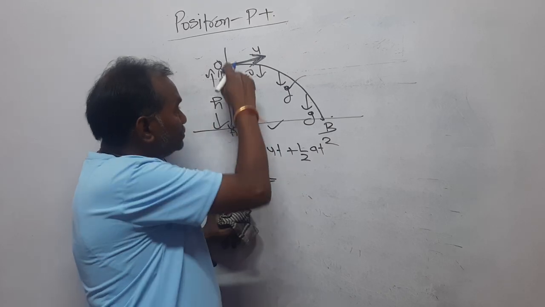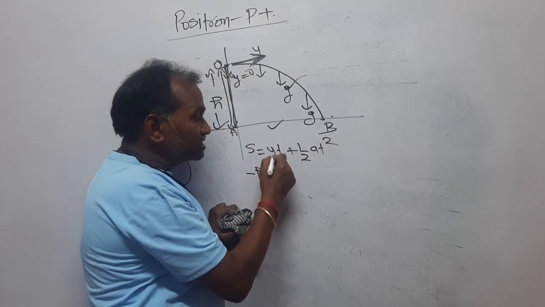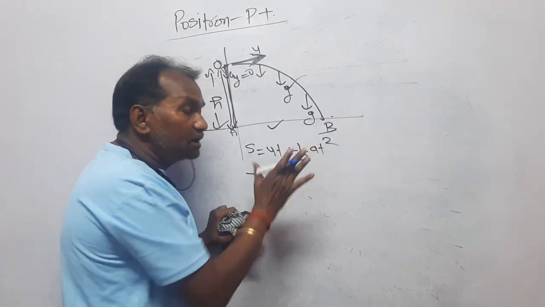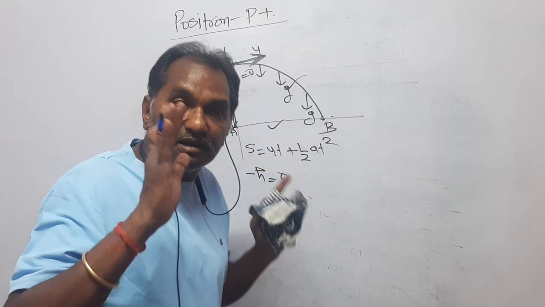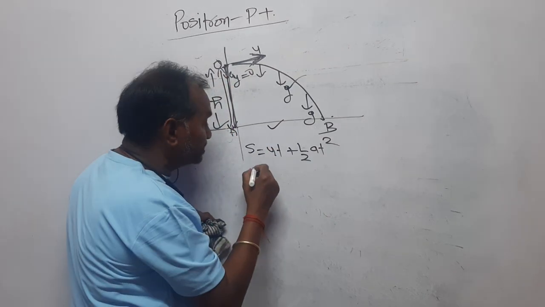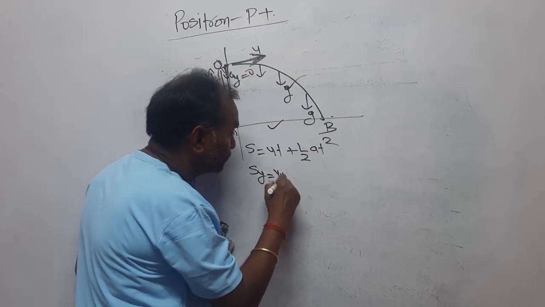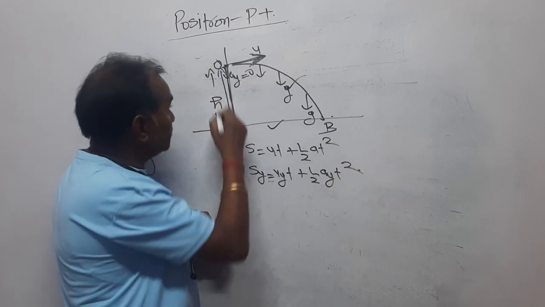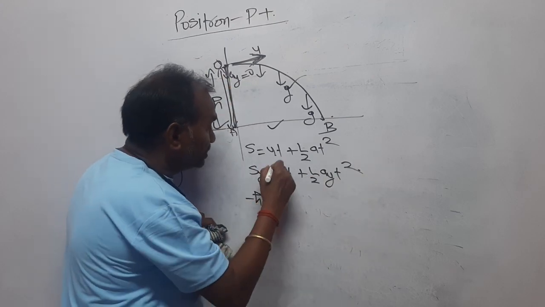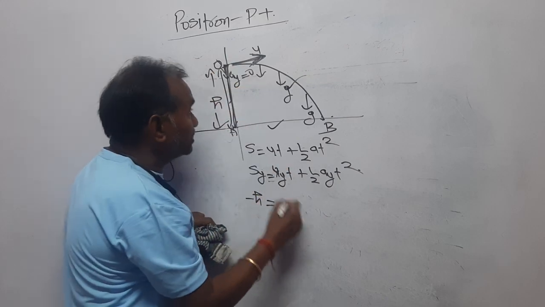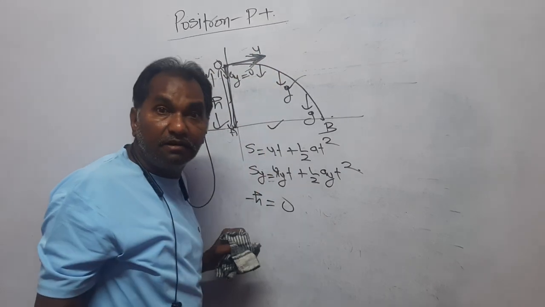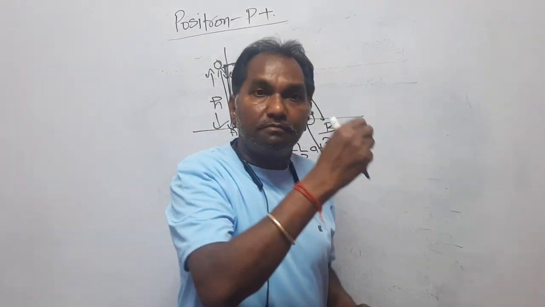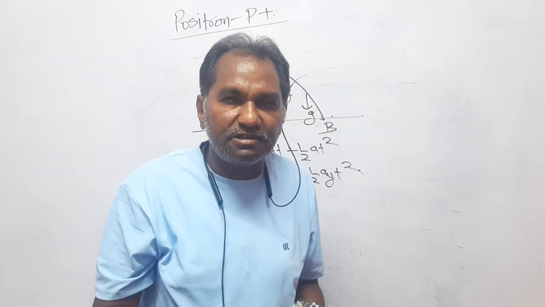Initial vertical velocity is 0. I am considering only vertical motion, yet the same formula applies, but on the vertical motion, you can write Sy is equal to uy into t plus half ay into t square. Now Sy is minus h, uy, initial vertical velocity, is 0 because the body has been projected horizontally, right? Like this is the case, a plane is going horizontally and a bag or a food packet is dropped.